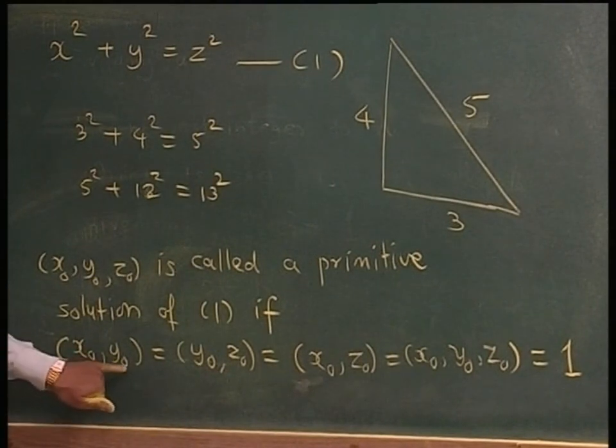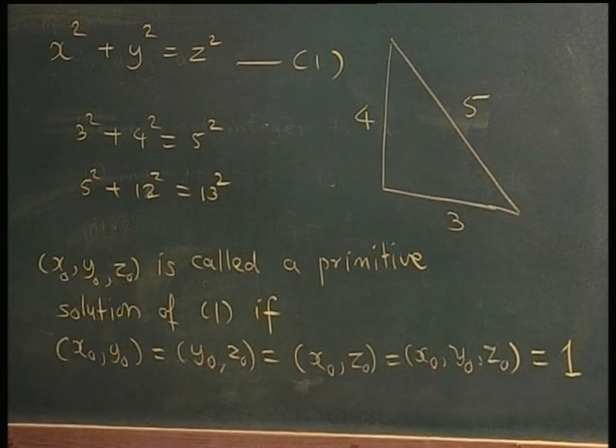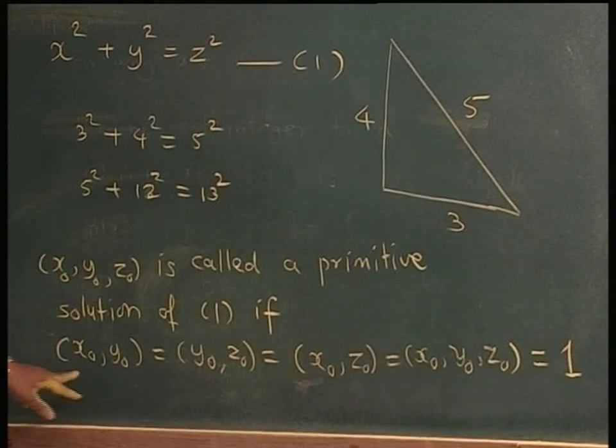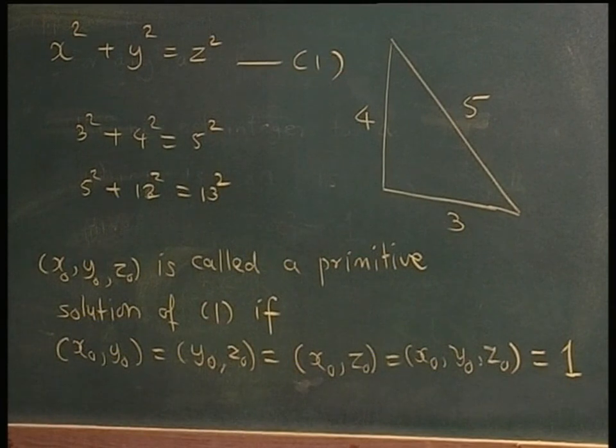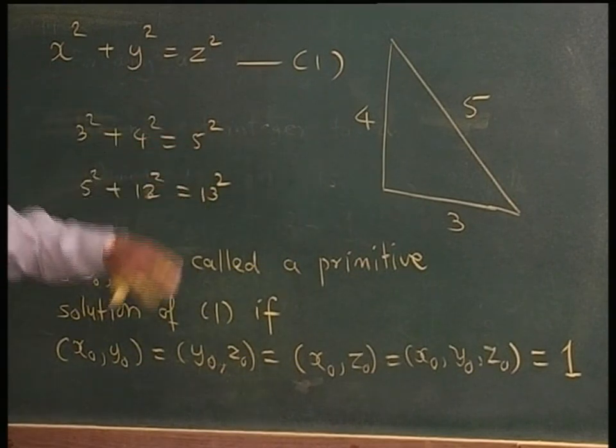The GCD of x0 and y0 is also equal to the GCD of x0, y0, z0, because that has to divide z, so this is what you should note. So if there is a common divisor, you divide by that and then you get what is called a primitive solution.